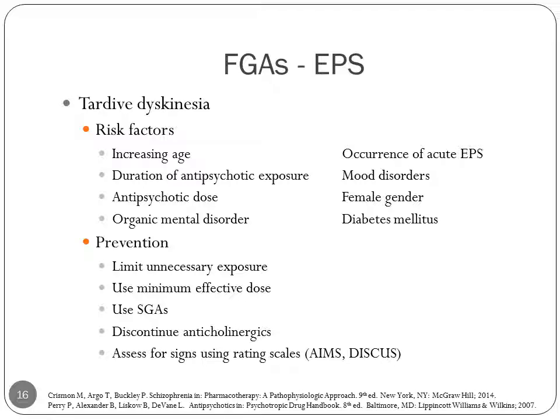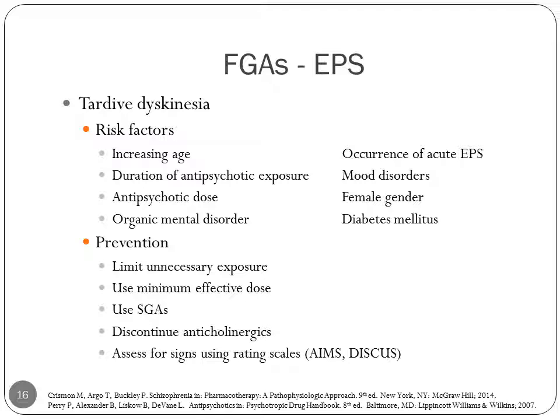In terms of preventing tardive dyskinesia, we really want to limit unnecessary exposure. So if they don't need the antipsychotic, or if they're on 2 antipsychotics, hopefully getting rid of one of them to help decrease that risk, using the minimum effective dose, and then using second generation antipsychotics, which have a lower risk. Anticholinergic medications actually worsen tardive dyskinesia.